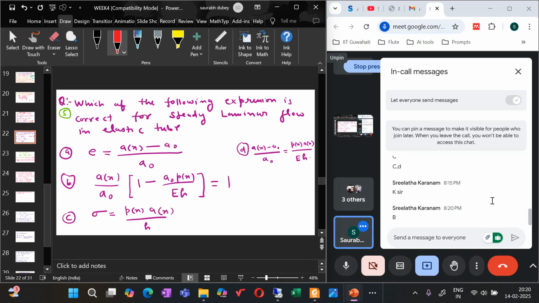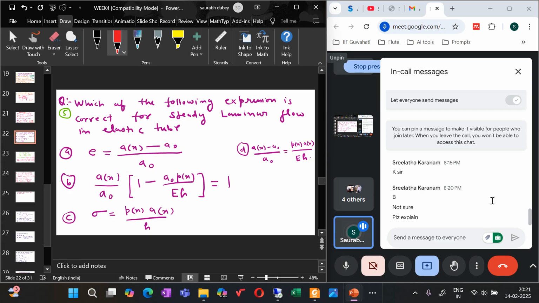So B: AX divided by E naught, 1 minus E naught PX divided by the elasticity modulus multiplied by the thickness. So you are not sure. No problem. So these questions are just to tell you that these are also important. So you actually look at these things, while these are mostly the final expressions which come after the discussion, but the basic assumptions are based around this, and also some basic.